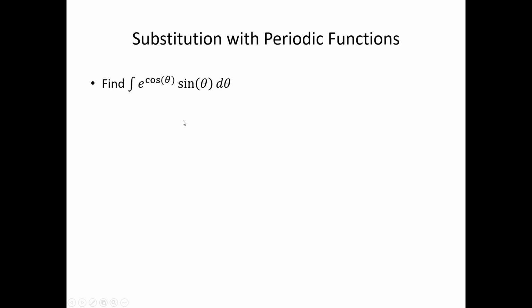So looking at this one, I don't really see anything for an inside, and if you just pick theta for an inside, the derivative of theta, that's like x, would just be 1. So that's not going to help me. So what I'm thinking of doing is, I said one thing you could do, you could pick exponents. So what would happen if I let u equal cosine of theta?